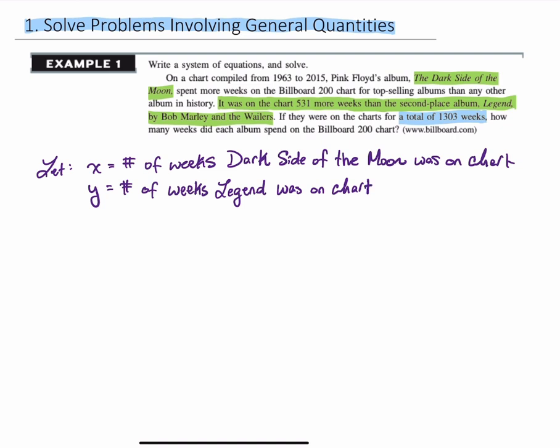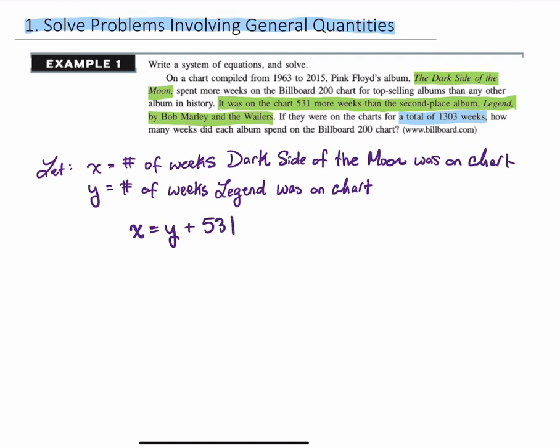All right, so let's take these two statements. One is Dark Side was on the chart 531 more weeks than Legend. So I can say the number of weeks that Dark Side was on the chart, which is x, is equal to the number of weeks that Legend was on the chart plus 531.